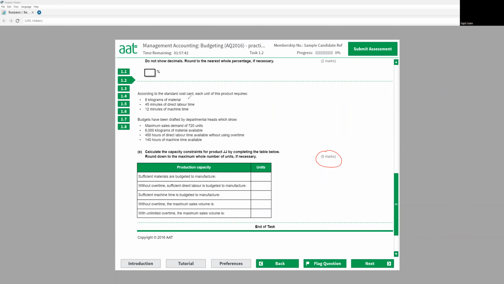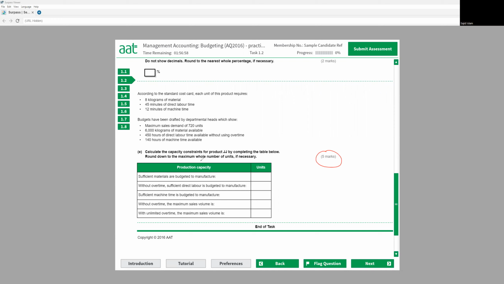According to the standard cost card, each unit of the product requires 8 kilograms of material, 45 minutes of direct labor, and 12 minutes of machine time. A budget has been drafted by the department head, which shows maximum sales demand of 720 units, 6,000 kilograms of material available, 450 hours of direct labor available without using overtime, and 140 hours of machine time available. So 450 is the basic hours without using overtime. All right, that's fine.